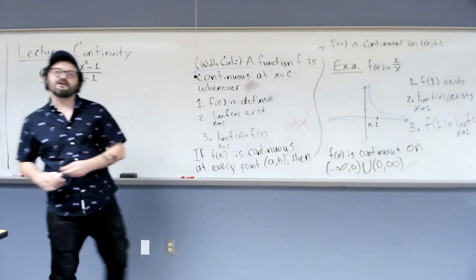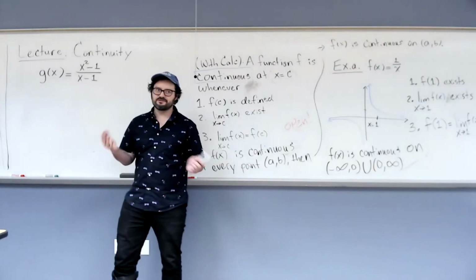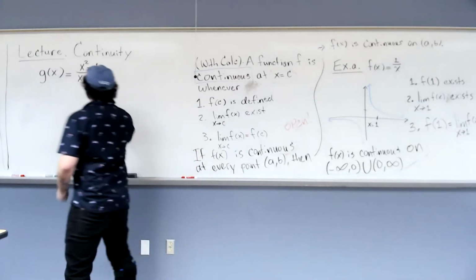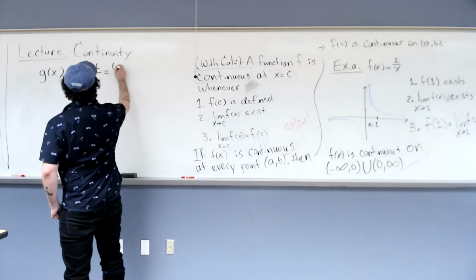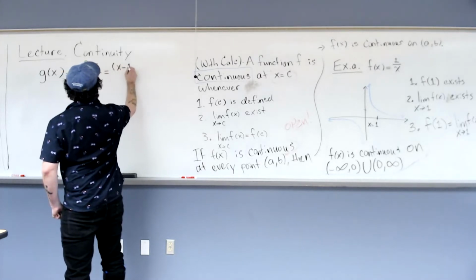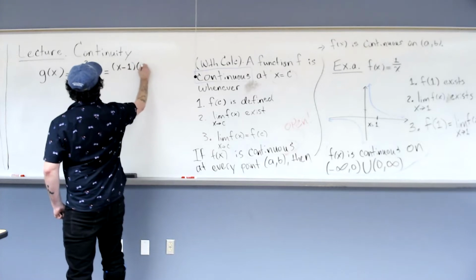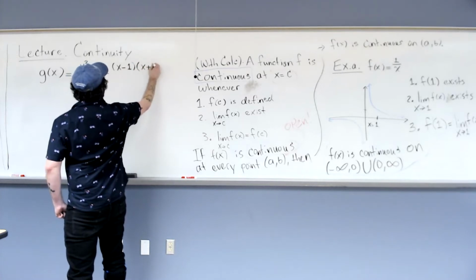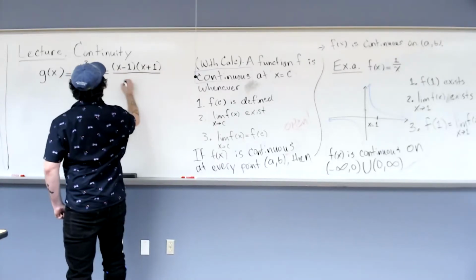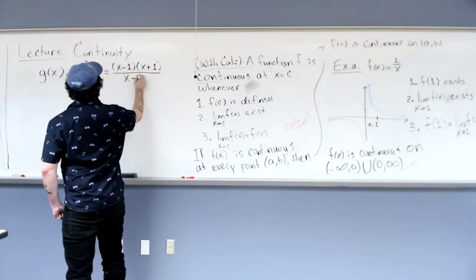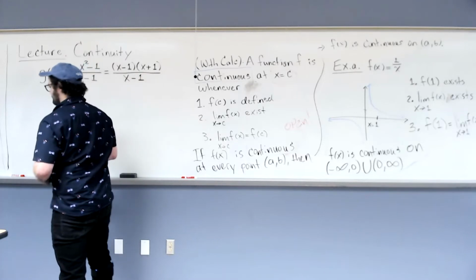Well, it would help to factor it first, and then you can get a better sense of what this looks like. In particular, the numerator is a difference of squares. So we can factor the numerator like that.